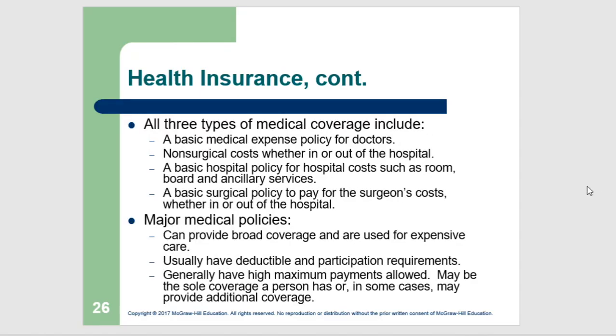No matter what, all three of those types include medical expense policies for doctors, non-surgical costs, whether in or out of the hospital, basic hospital costs such as room, board, and ancillary services, and surgical policy to pay for surgeons' costs. So if you're in the hospital, they cover the food you're eating, and they cover that you're in a bed in a room, so you don't get a separate hotel cost because they're sheltering you.